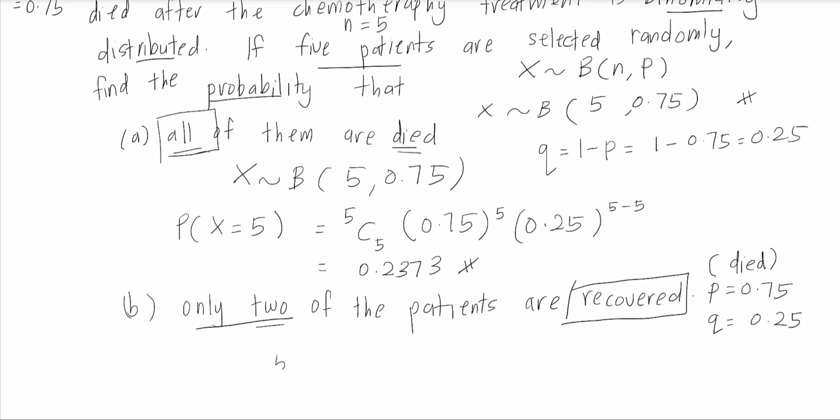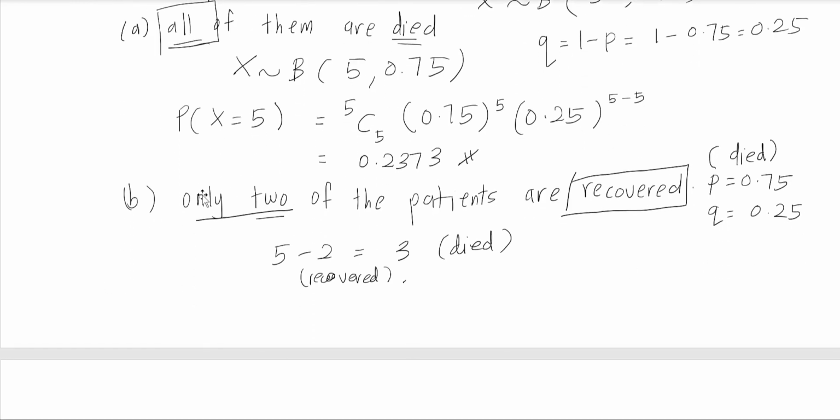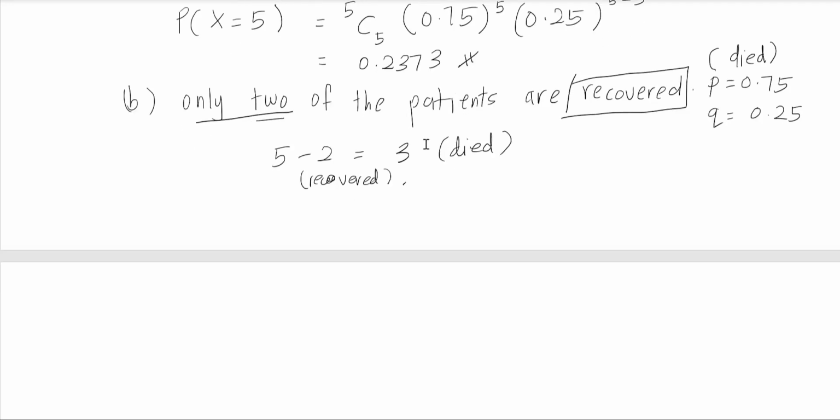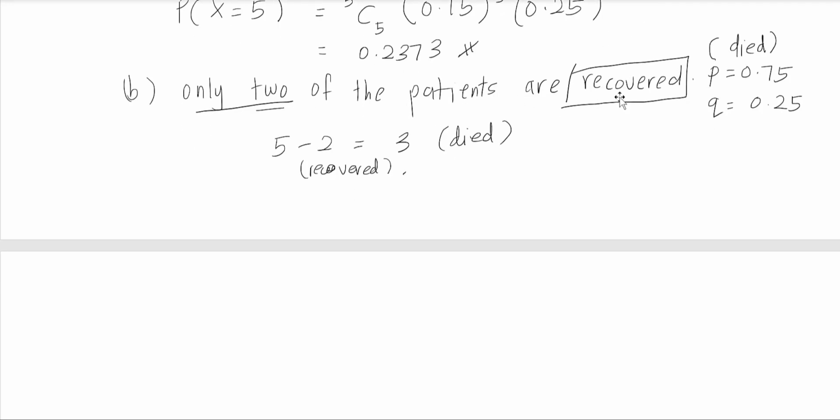That means we have 3 patients who died. This 2 is recovered, so that means we have 3 patients who died. So your X will become 3, not 2, because our probability of success is dying.